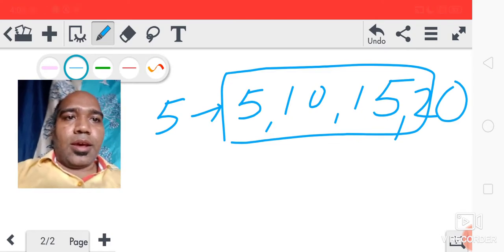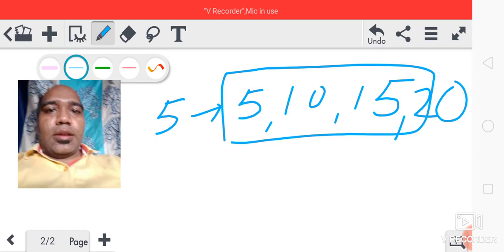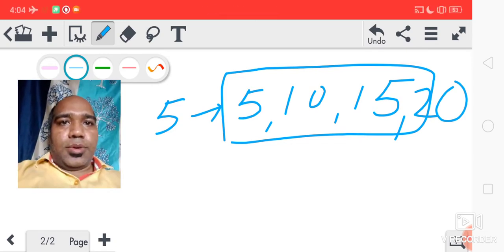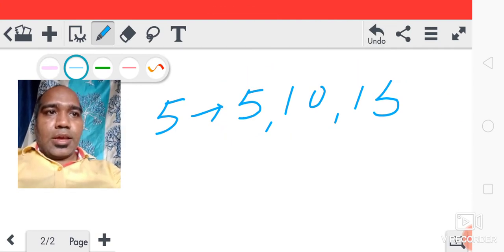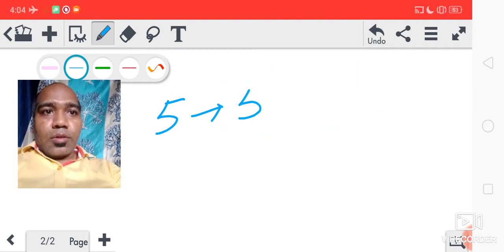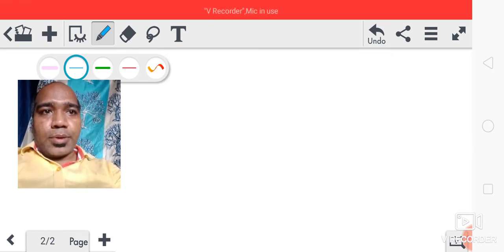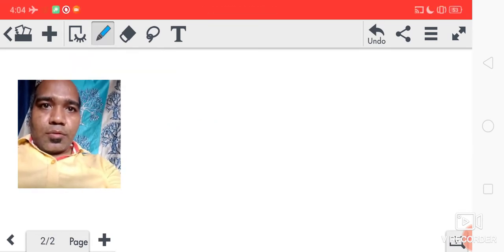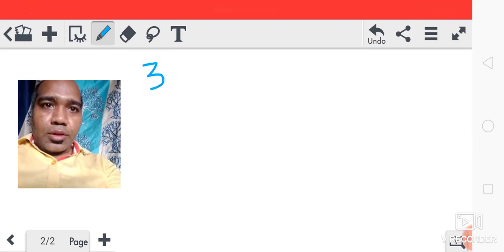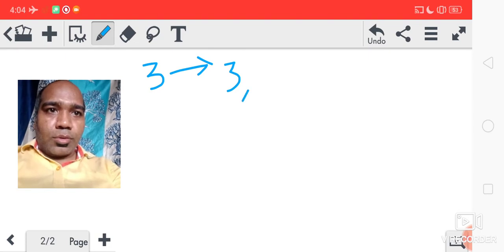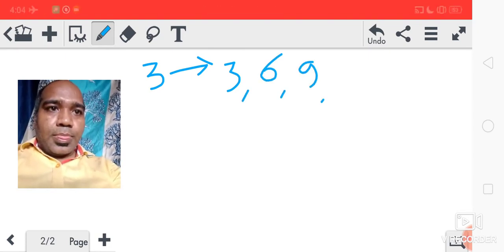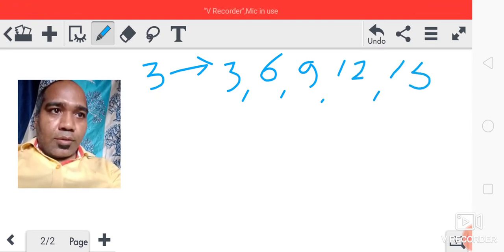Okay. Now I'll give you another number. Now let's say write the first 5 multiples of 3. So what will be there? 3 1s are 3, 3 2s are 6, 3 3s are 9, 3 4s are 12, and 3 5s are 15.